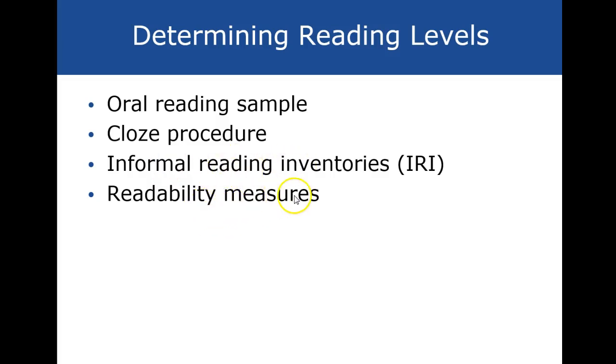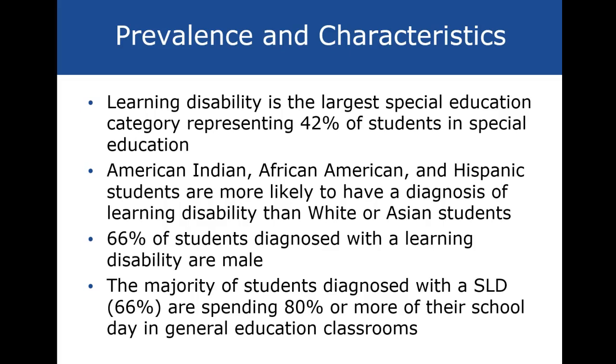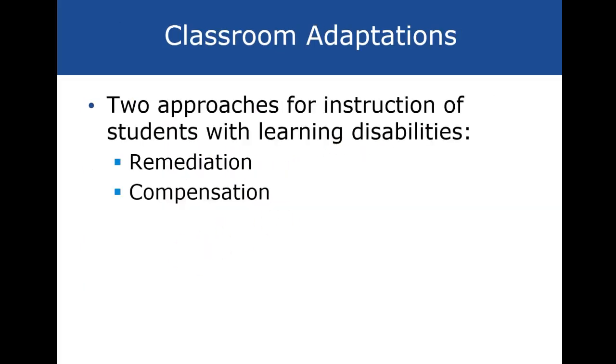And then the text goes into more detail about readability measures. And then special services. When the assessment is complete, the team meets, and then that's when they decide what the student is needing. And prevalence and characteristics, just going through some of the statistics about it.